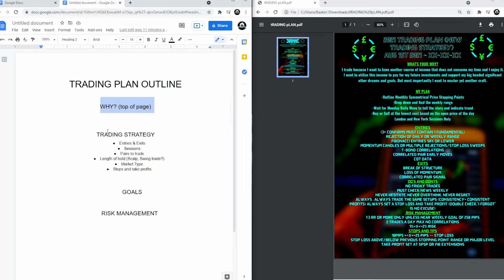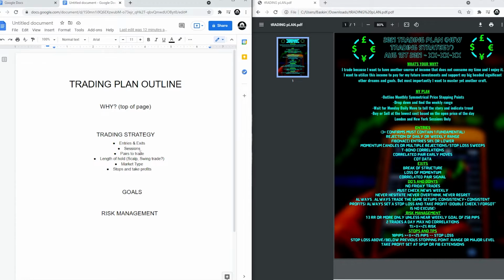And the next thing you want to have is your trading strategy. And within your trading strategy, you need to have your entries and exits. Maybe you trade during a specific session like London, New York, Sydney, or Tokyo. So you want to have your sessions if that is something that you look out for. You want to have your pairs to trade.